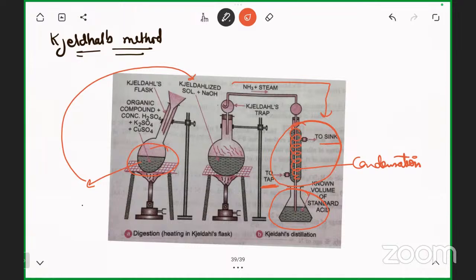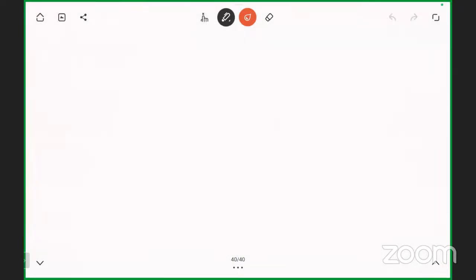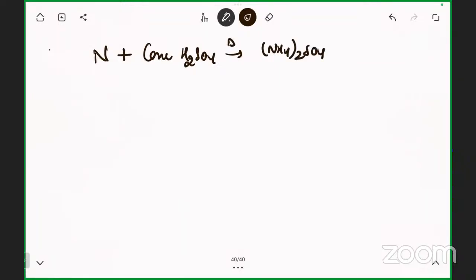Now the reactions involved in this process: the nitrogen present in the nitrogenous organic compound will react with the concentrated H2SO4, and it will convert into ammonium sulfate.